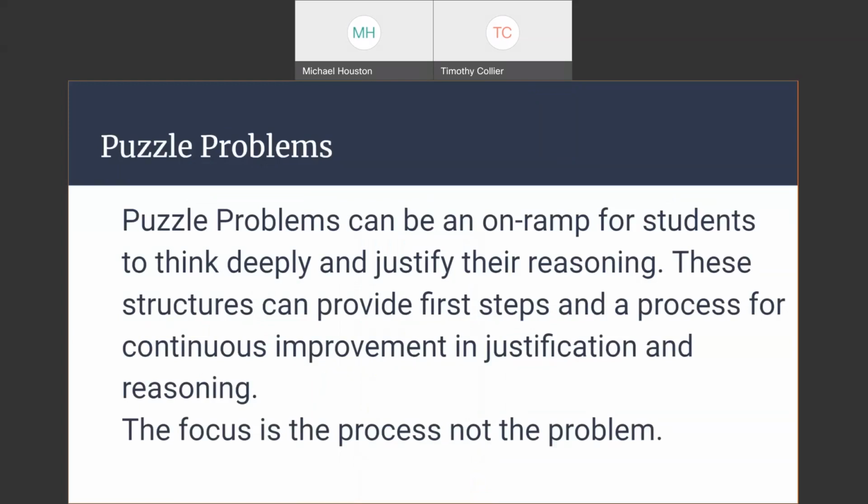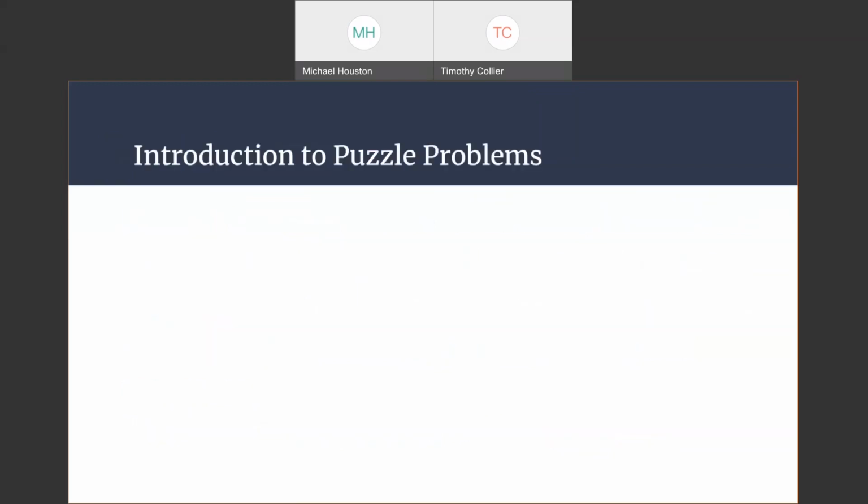We wanted to start with simple problems like the one we did at the beginning of this presentation and just use those to change the culture and climate of our classrooms. We wanted to take the focus off the answer and put it on the process. So students have a vehicle for continuous improvement. And it turns out that we as teachers were also afforded this opportunity for continuous improvement.